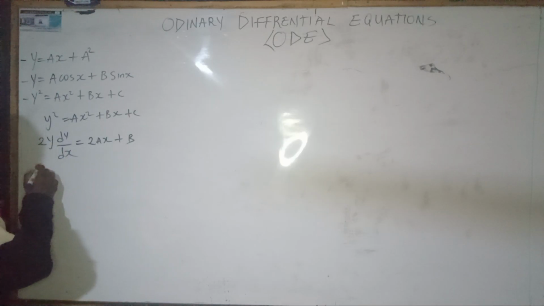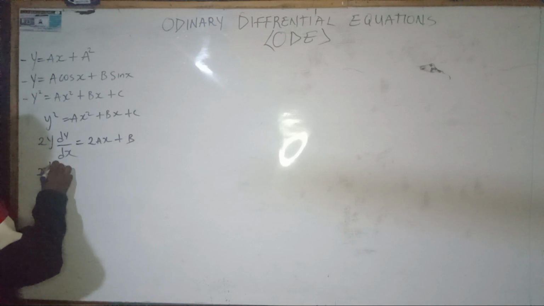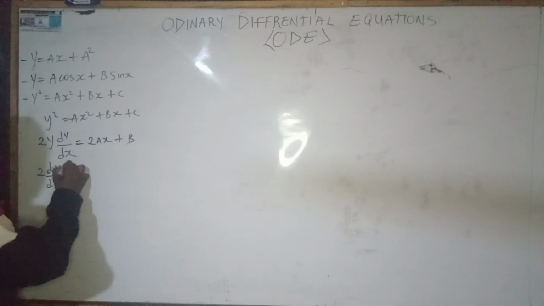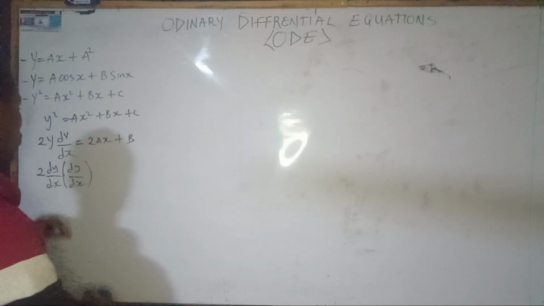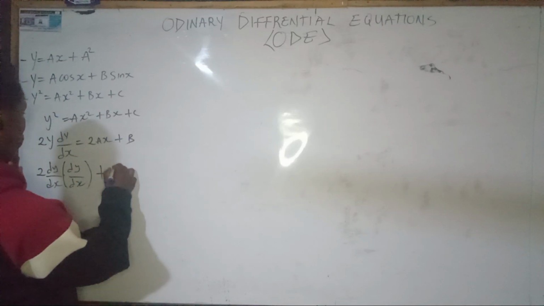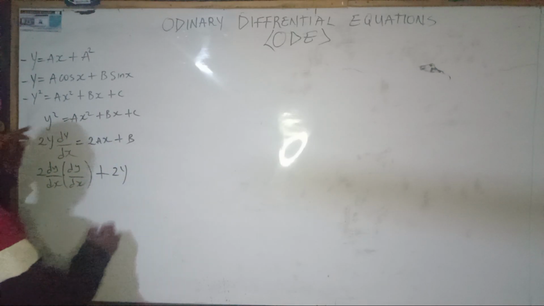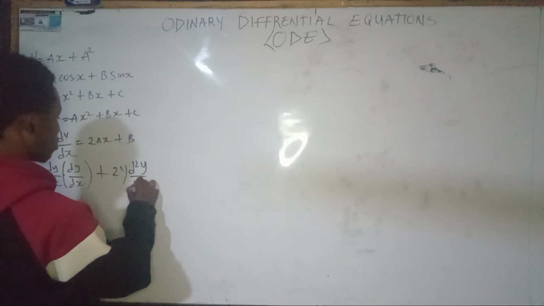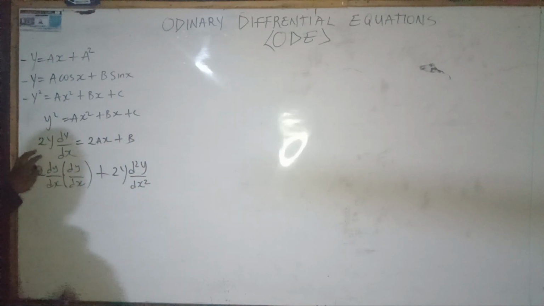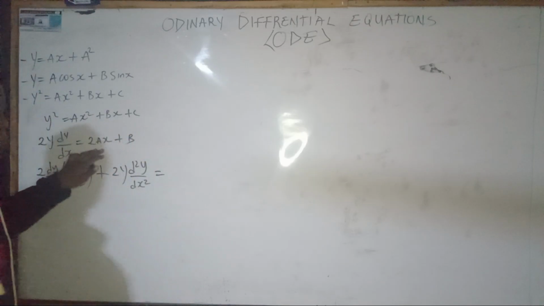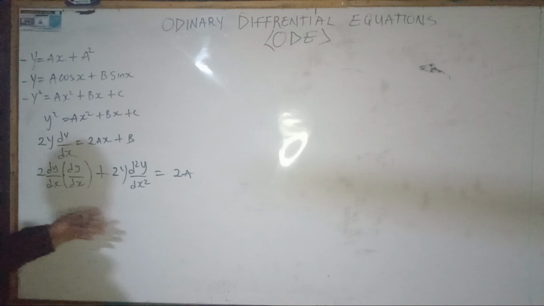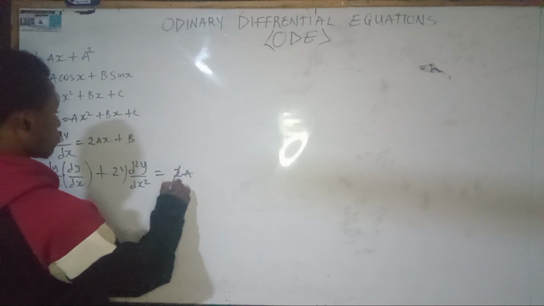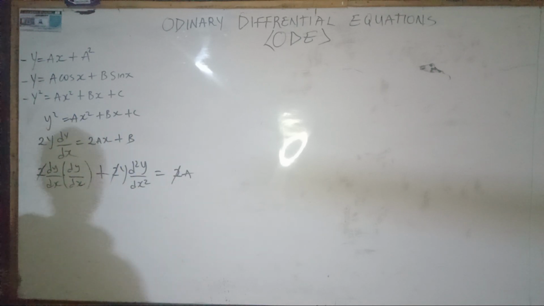So differentiate 2y, we get 2 dy/dx, then you multiply it by another dy/dx, and then we add 2y times d²y/dx², that is for this side. And if we differentiate the other side, you are going to get 2a. And you see that 2 is common in all the sides, so they just cancel each other.